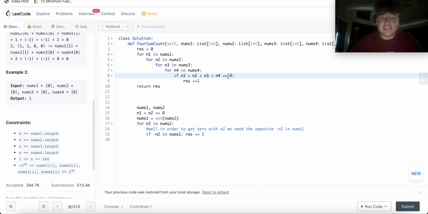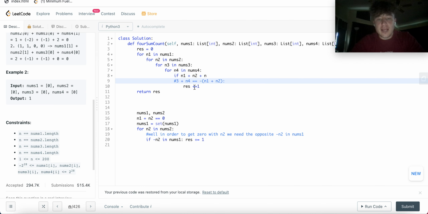Now, that's the same thing as saying n3 plus n4 equals, I'm not going to do all the math again, n1 plus n2, right?